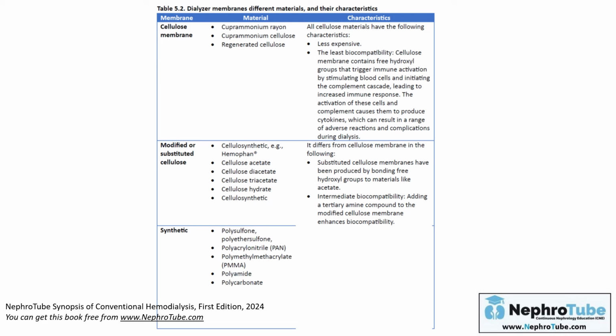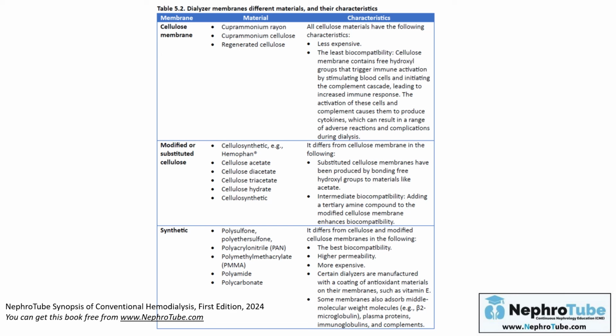Regarding the synthetic membranes, these are the examples. Synthetic membranes have the best biocompatibility and higher permeability, but they are more expensive. Some of these synthetic membranes are manufactured with a coating of antioxidant material such as vitamin E, so they may cause fewer allergic reactions.